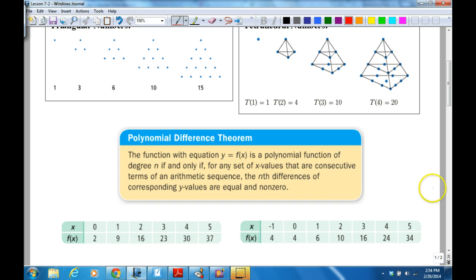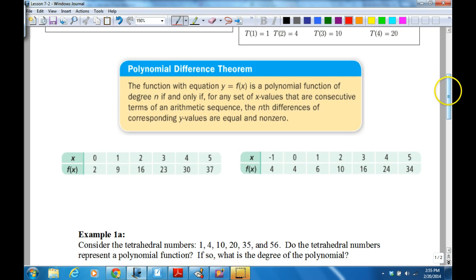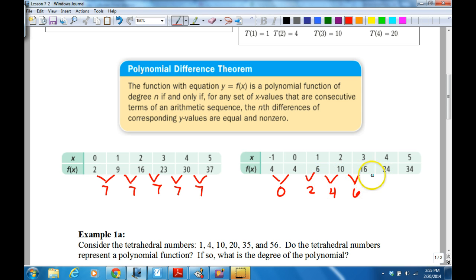Polynomial difference theorem. I'm going to tell you what that is in just a minute because first of all, I want you to notice something. I want you to go through this and tell me what is the difference between 2 and 9? 7. Yes, they are all constant at this point. On this one, what is the difference between here and here? 0, 2, 4, 6, 8, 10.